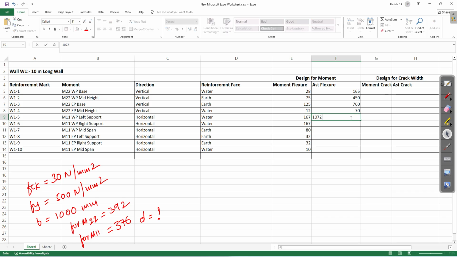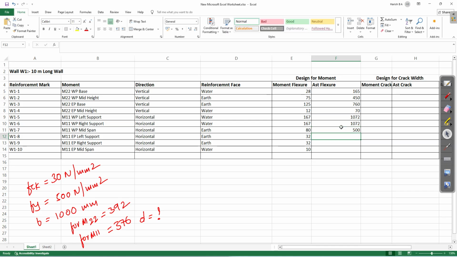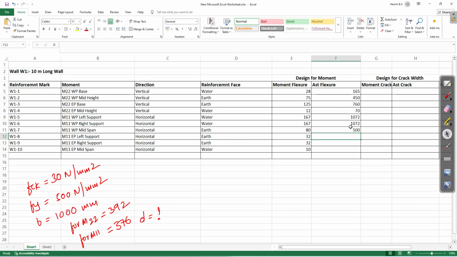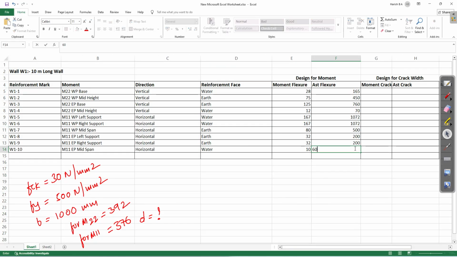Next is the same, 1072. Next, 80: for 80 it is 500. Next, 32: for 32 it is 197, so we will take it as 200. Next, for 10 it is 61, so we will consider 60 mm square.